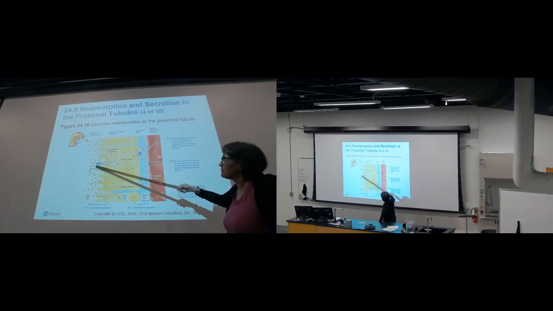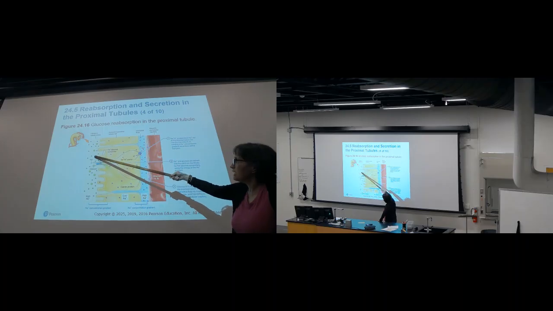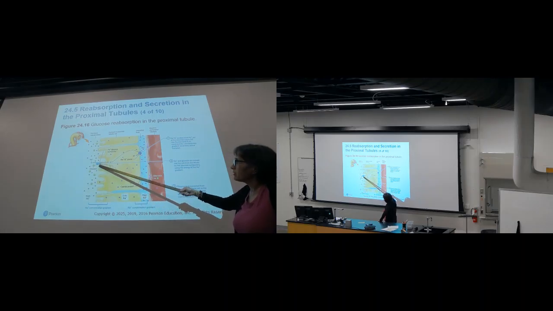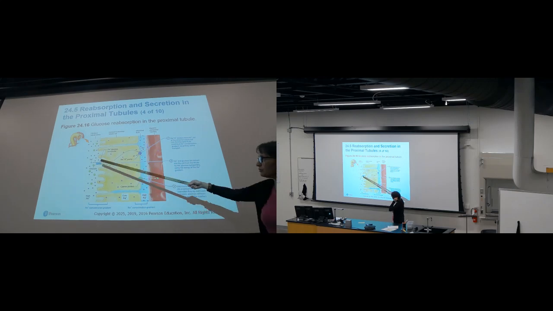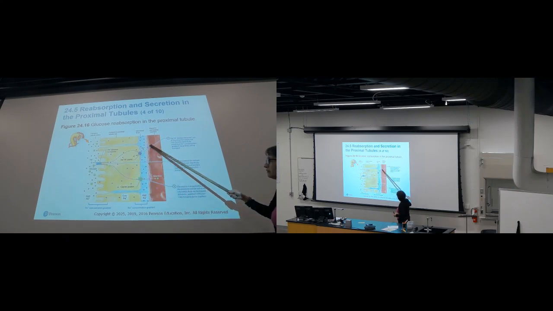If you have in your filtrate ions like sodium, in this case the purple dots, and then you have glucose, which is like these hexagons with green color, you have in the microvilli sodium glucose cotransporters. So you bring them together, and then you will have exchange of sodium here in the basal part for potassium.